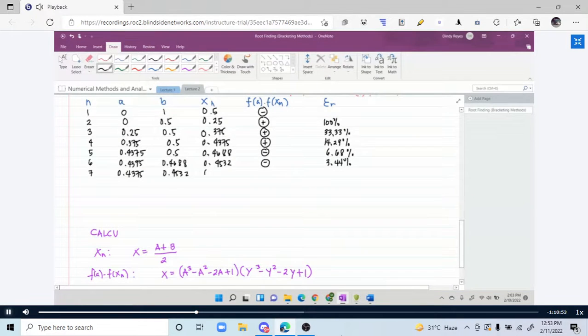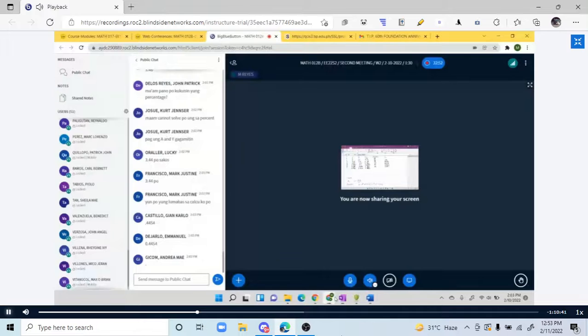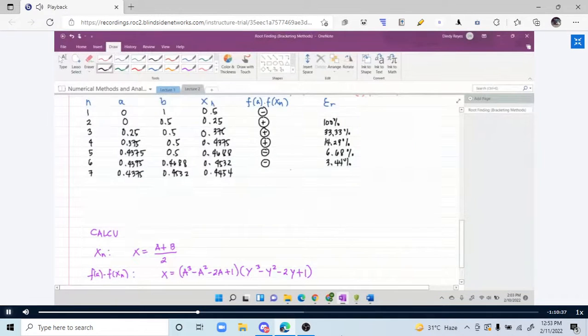.4454. What about the sign of the product of these two numbers? Still negative. All right, negative. Negative, so we change B. Kindly compute for the relative error.